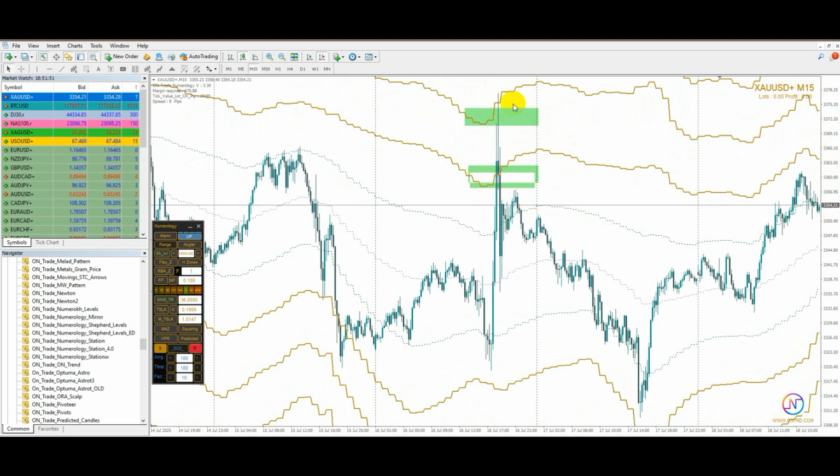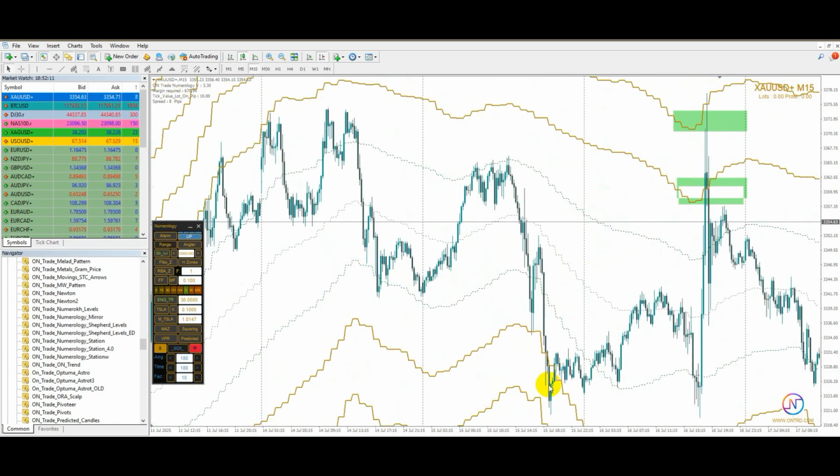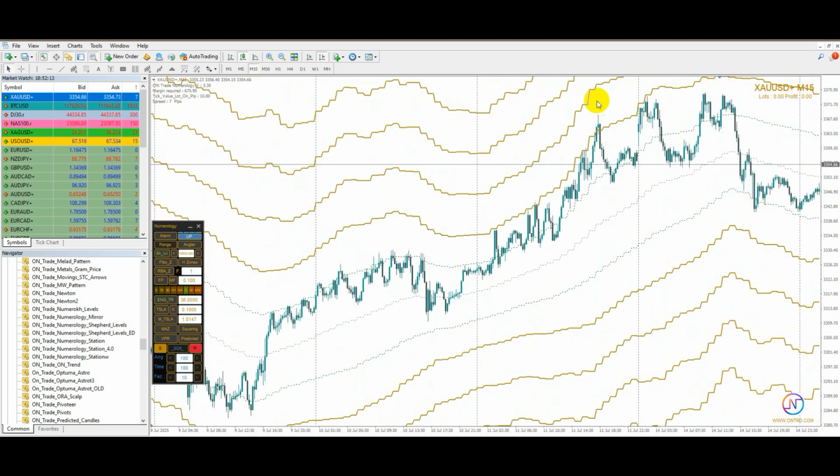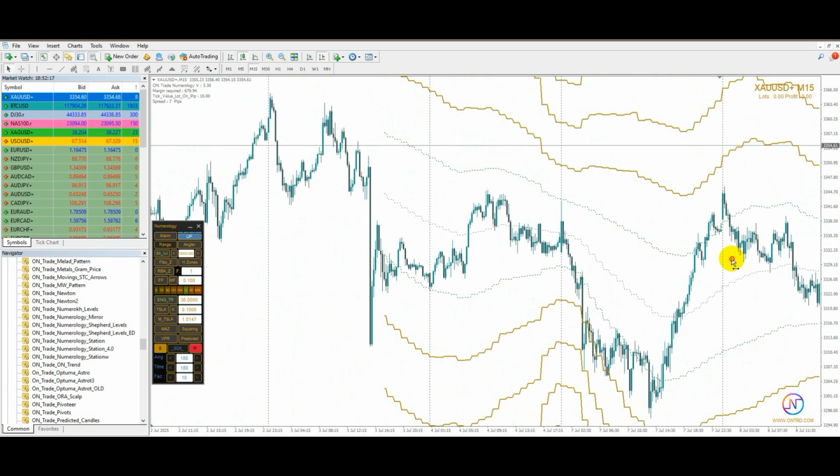Here we enter with about zero reverse entry, and our target was the green dot limit of this channel, the green level. Also here there were zones, again and again. At least we can cover the first target.